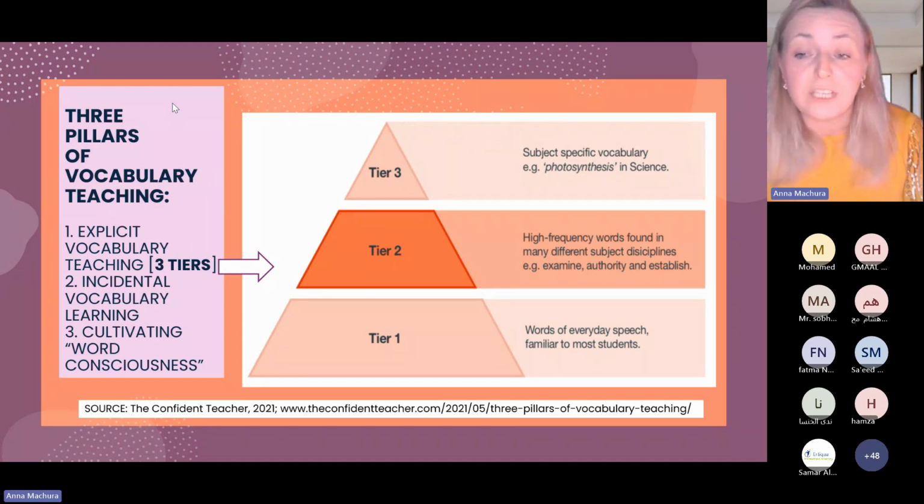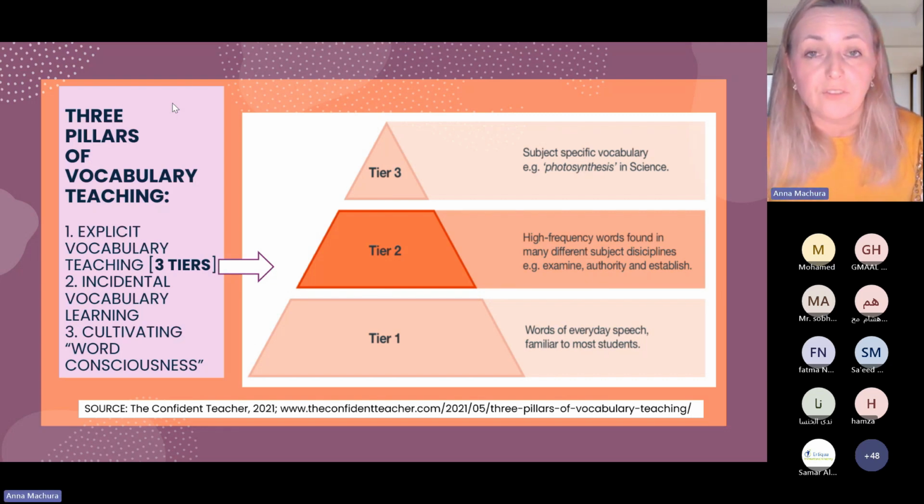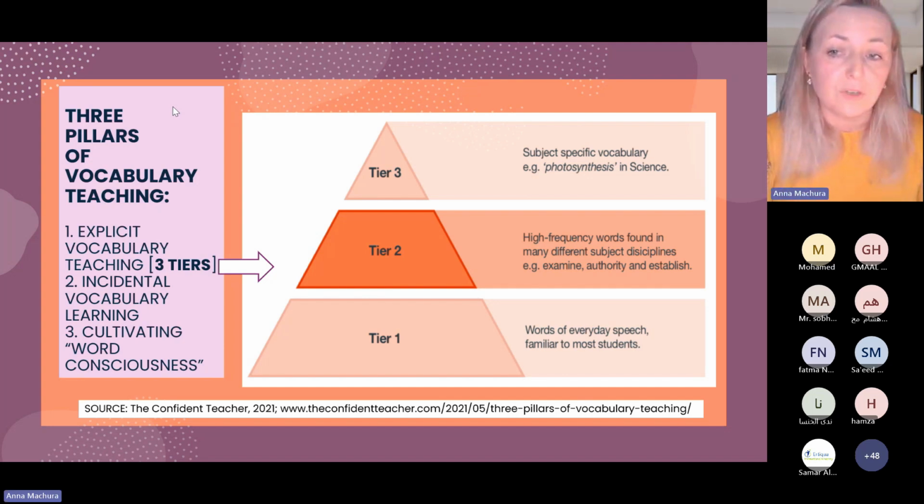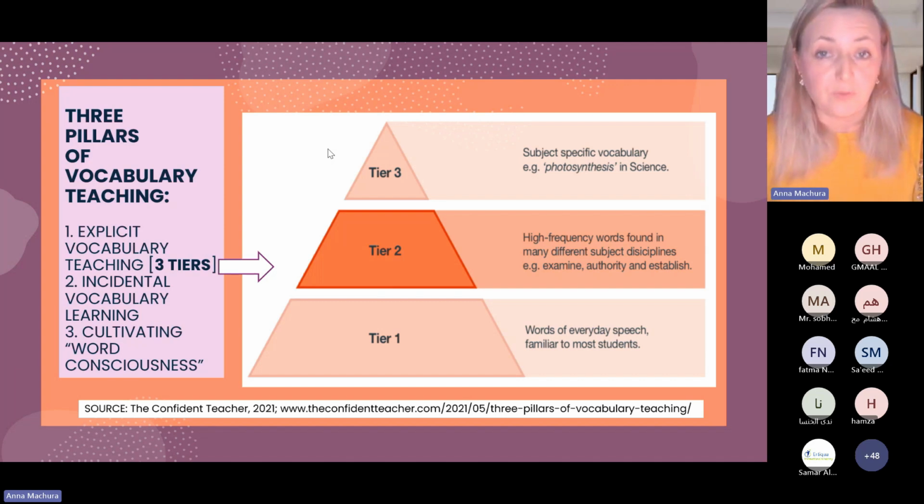Because they have high frequency words in many different subject disciplines. Tier 1 is quite common. We do it every day. So your learners will be familiar with that. Tier 2, very important. From the base foundation, go to tier 3 for specific vocabulary, especially for academic students.